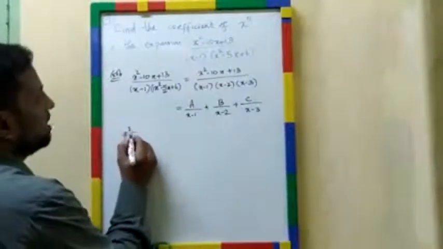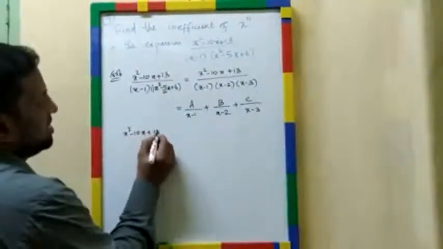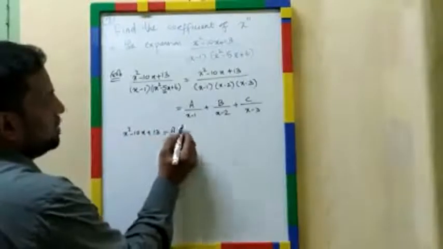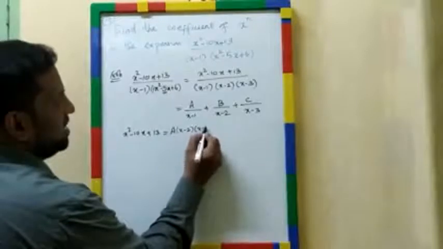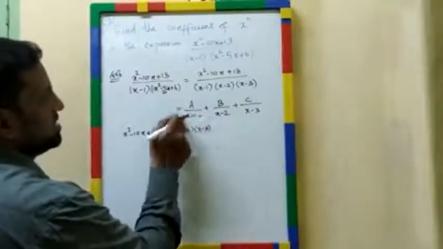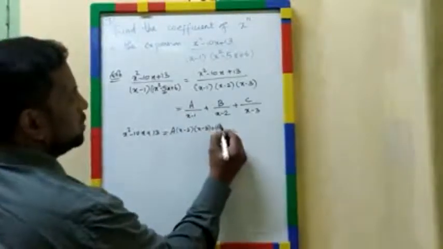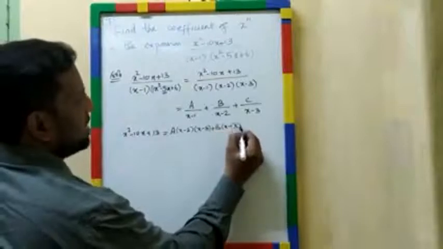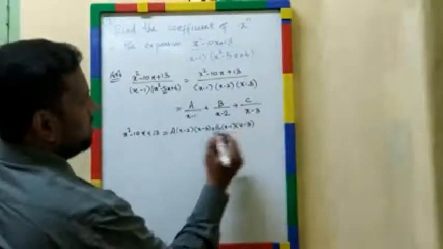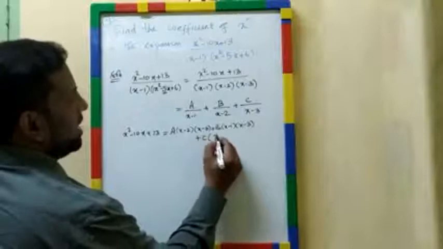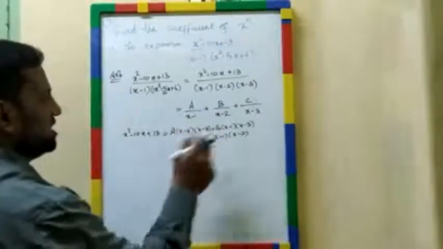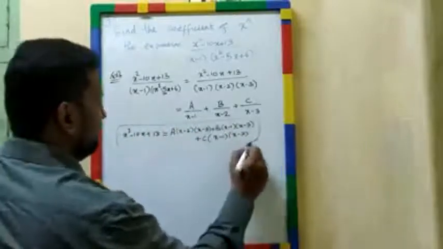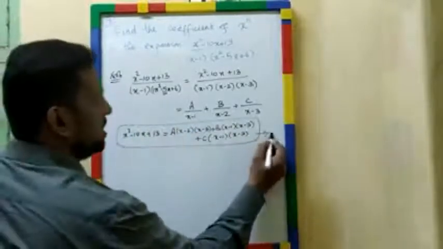So x square minus 10x plus 13 is equal to a into, taking the LCM, x minus 2, x minus 3, plus b into x minus 1, x minus 3, plus c into x minus 1, x minus 2. For each term you multiply by the missing factors. This is equation number 1.